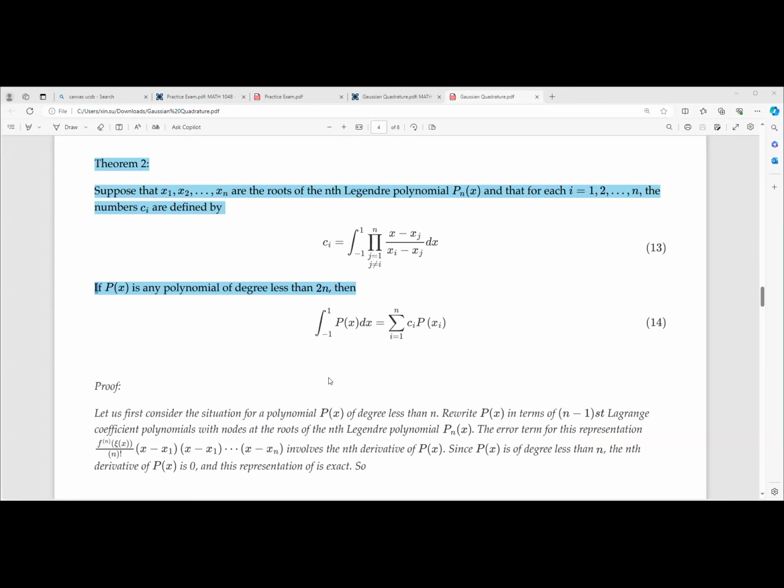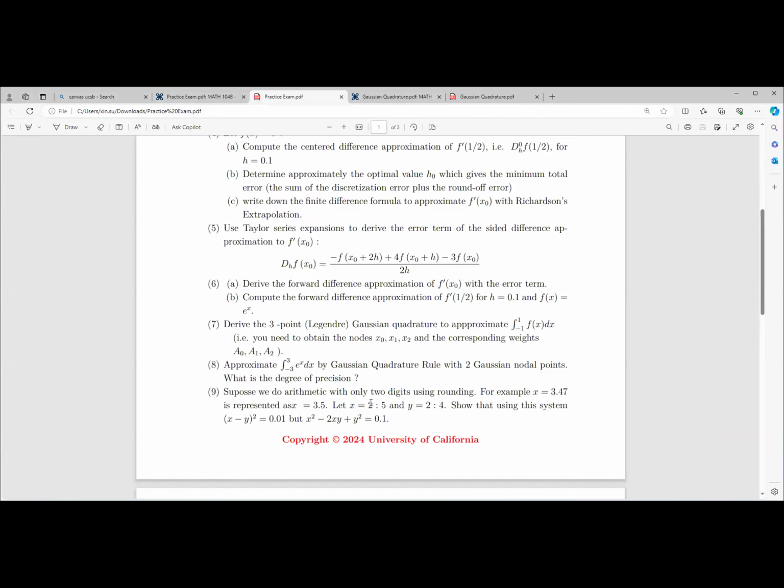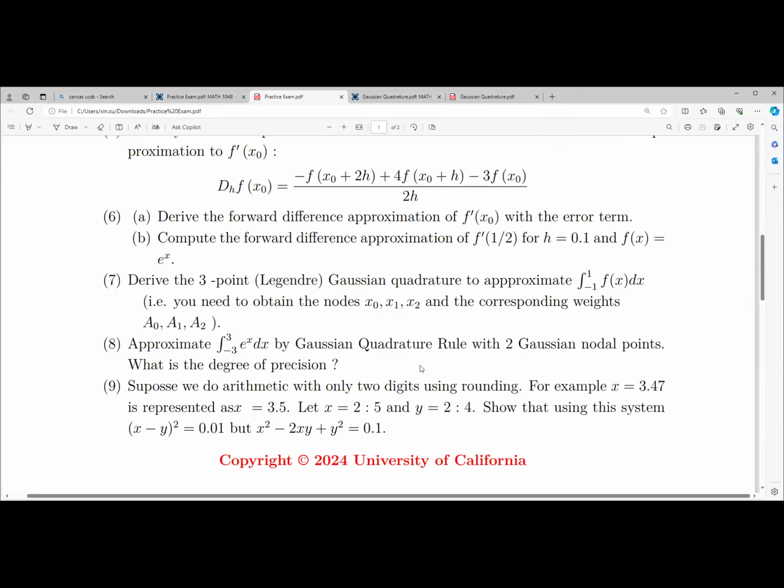And on the actual exams, I would tell you, please just use the table values we have here. So let's see, what do we have in question A? We are going to use the Gaussian quadrature rule to approximate this integral here with 2 node points, right?